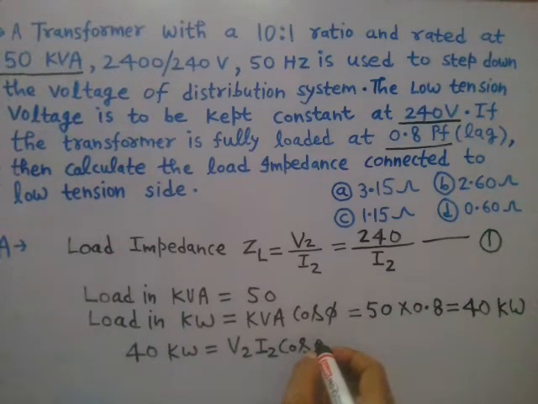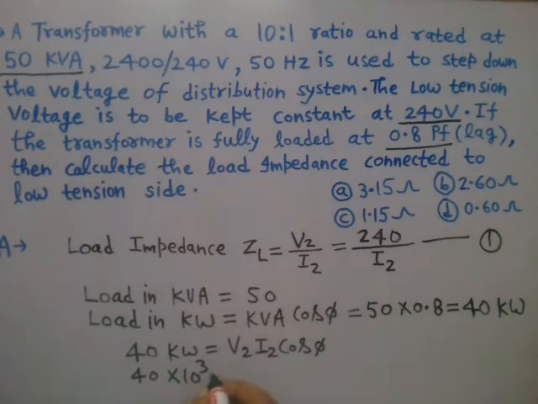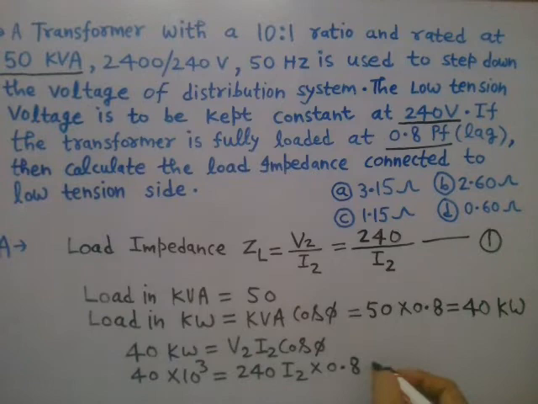From here you can calculate I2. 40 kilowatt means 40 into 10 to the power 3 watts. V2 is given as 240 volts. I2 you have to calculate, and cos phi is basically 0.8. So very easily you can find the load current I2.